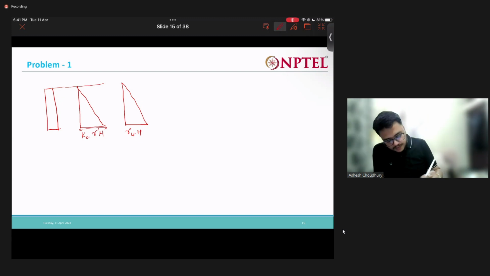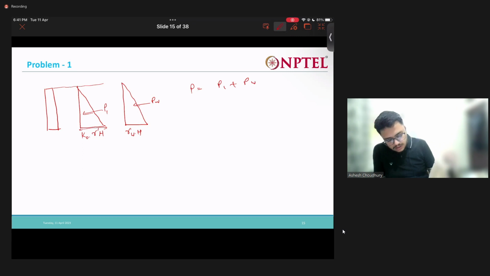So this will be P1 and this will be Pw. So P will be P1 plus Pw. P1 is half K naught gamma submerged h square, plus half gamma W h square, right?